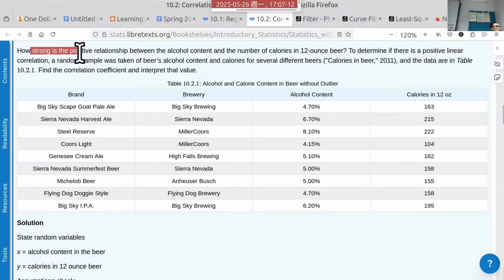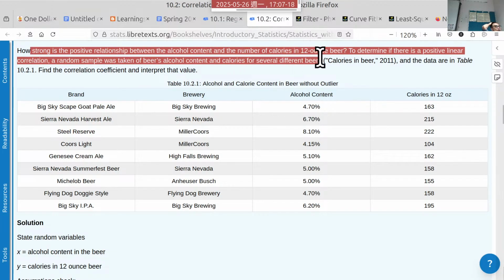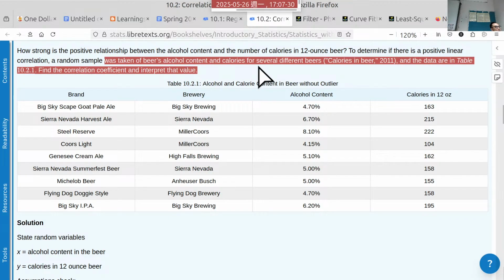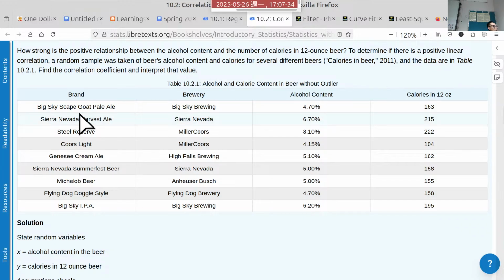Here, how strong is the positive relation between the alcohol content and number of calories in a 12-ounce beer? To determine if there is a positive linear correlation, a random sample was taken of beer alcohol content and calories for several different beers, like this one. The data are tabled here.